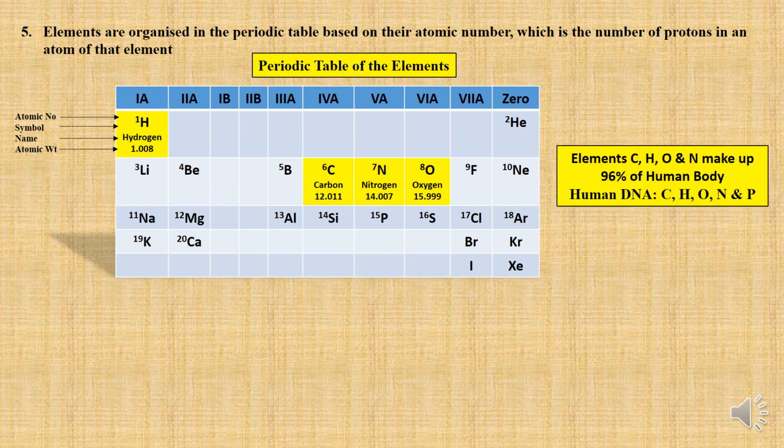These elements are hydrogen, carbon, nitrogen, and oxygen. So these 4 elements, carbon, hydrogen, oxygen, and nitrogen, are common to all living organisms, and they make up nearly 96% of the human body. And the human DNA is made up of 5 elements: carbon, hydrogen, oxygen, nitrogen, and phosphorus.